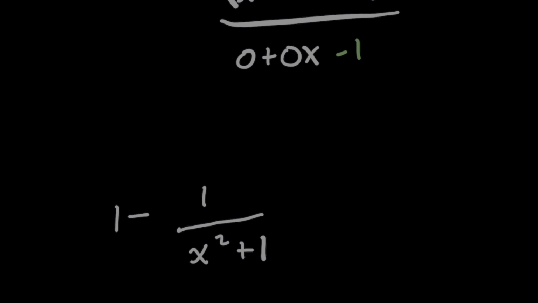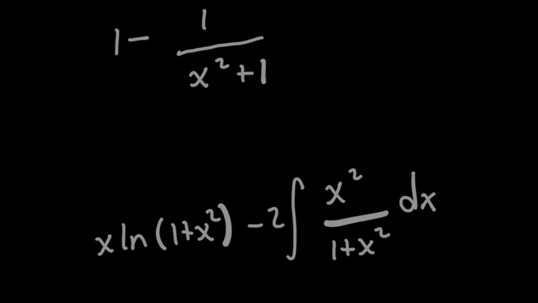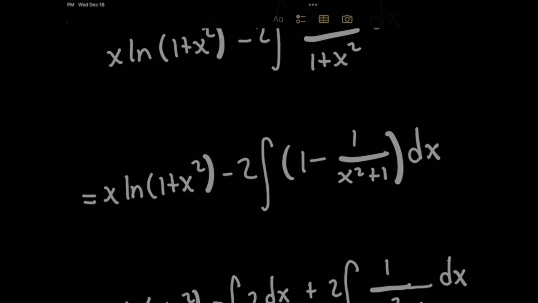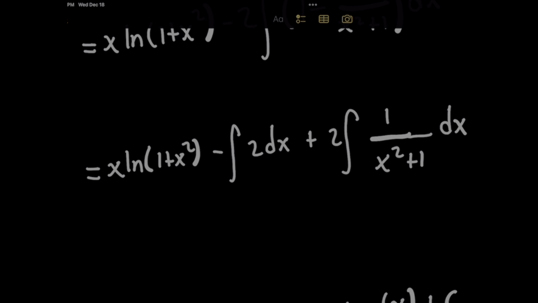What this means is if we bring down the integral we were working with above, that x squared over 1 plus x squared part on the right, we were able to decompose it, and we can now substitute it with something easier to work with, which is this 1 minus 1 over x squared plus 1. And now all we can do is distribute this minus 2 and break the right side up into separate integrals that are easier to work with, giving us this final expression here.